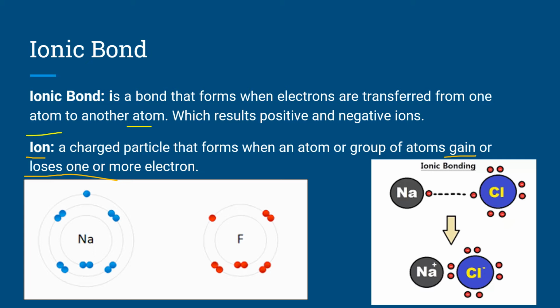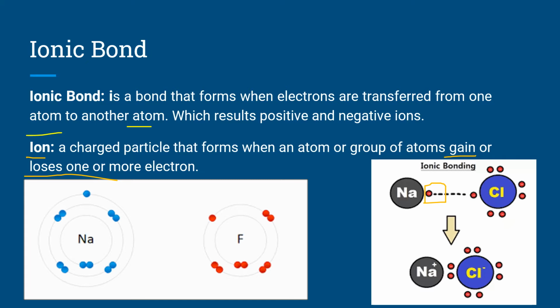As an example, look at ionic bonding. Sodium has one extra electron in the valence level. To be stable, sodium should lose this electron, and sodium will send it to chlorine.